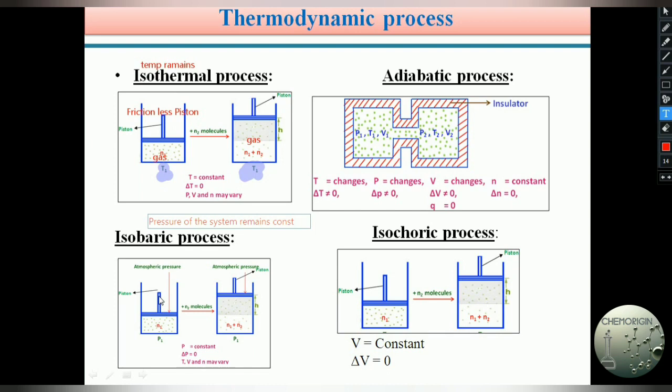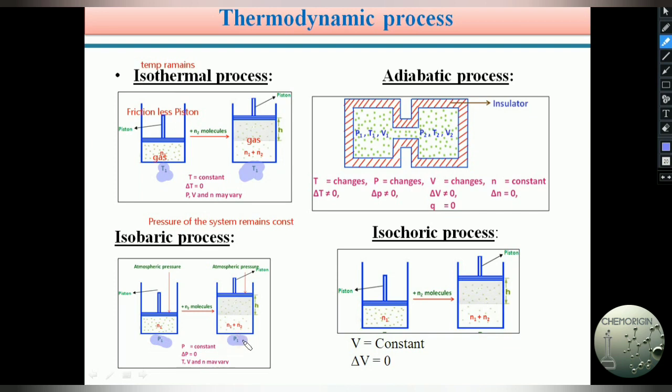cylinder is attached with a frictionless piston. So initially the chemical composition of the gas is N1, and after adding N2 molecules, the gas is expanded and its volume is varied and temperature also changes, but pressure remains constant. Here pressure is P1 and here also pressure is P1.